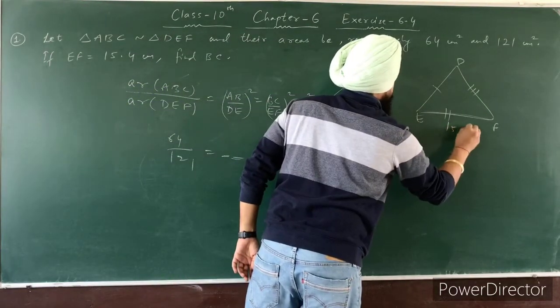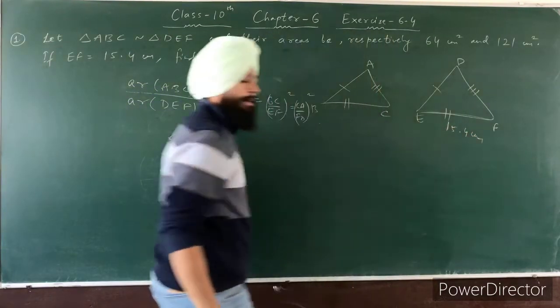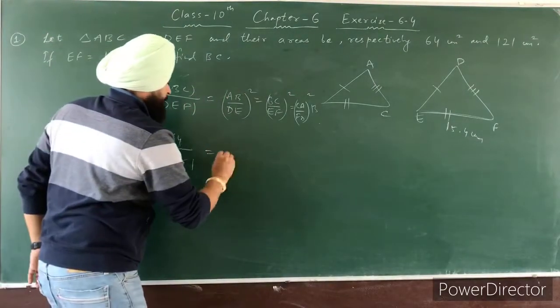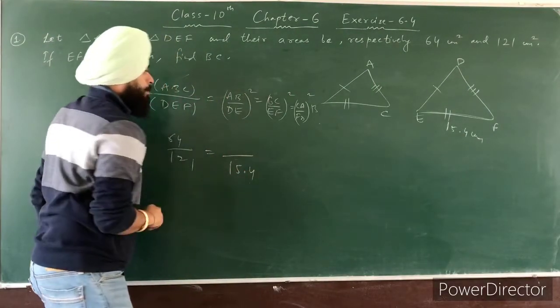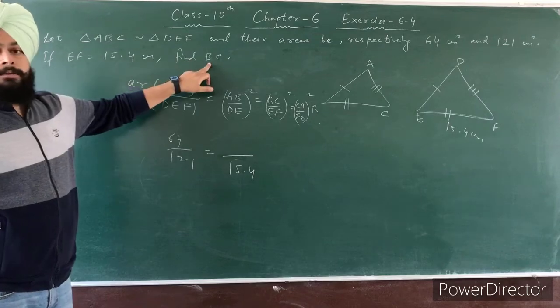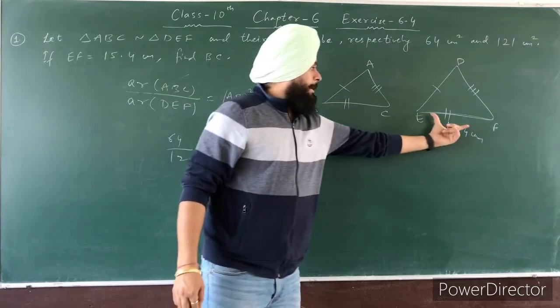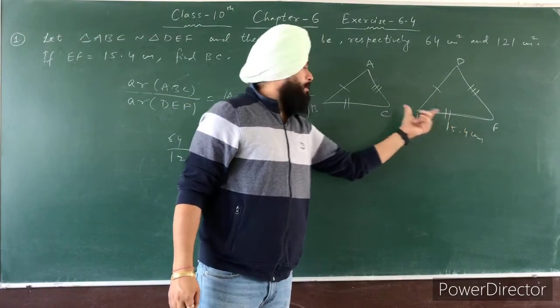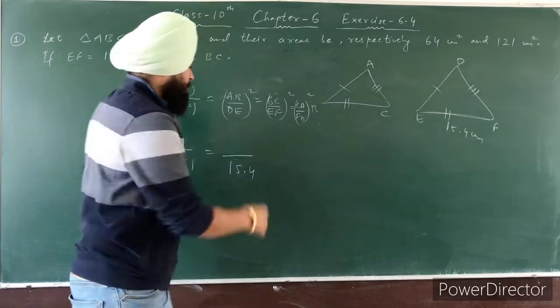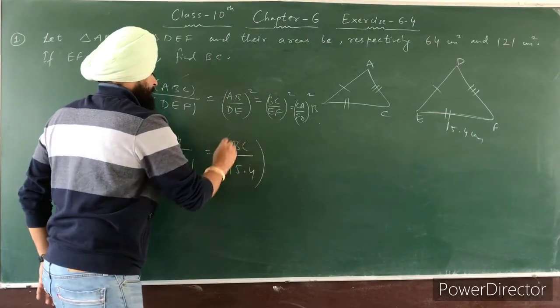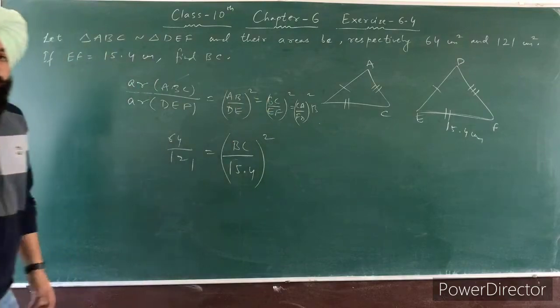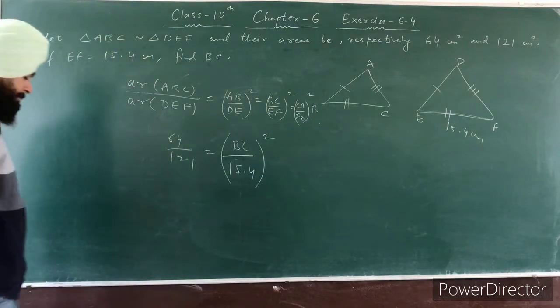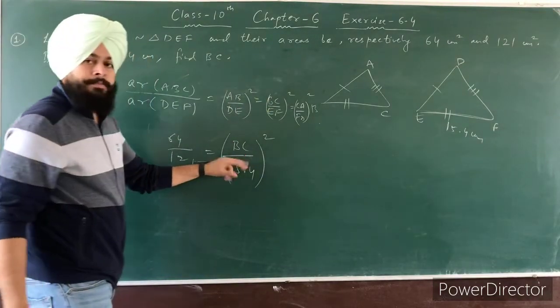It is 15.4 centimeter. So put its value 15.4. Find BC. So the side corresponding to this EF is which one? BC. So write here BC whole square.